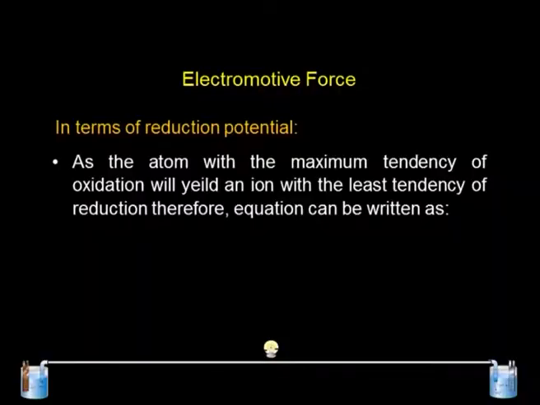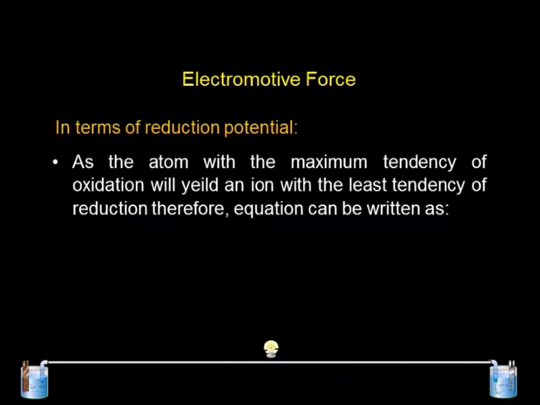Now, since a cell involves oxidation and reduction, we can also represent it in terms of reduction potential, as the atom with the maximum tendency of oxidation will yield an ion with the least tendency of reduction.